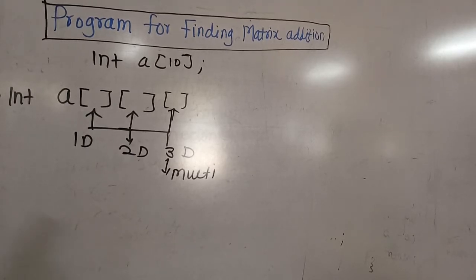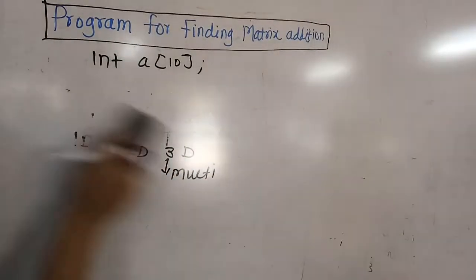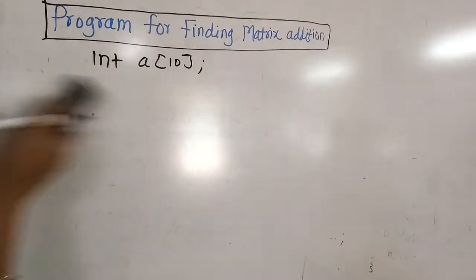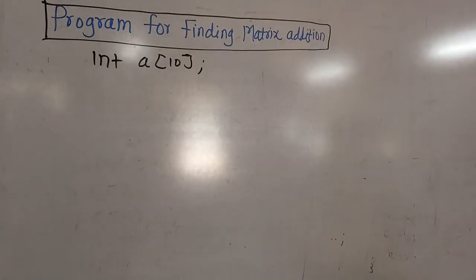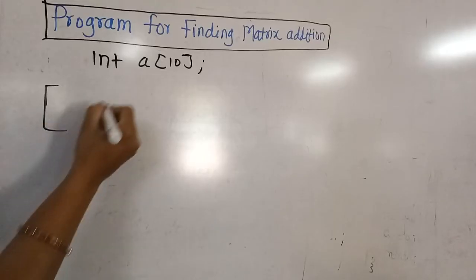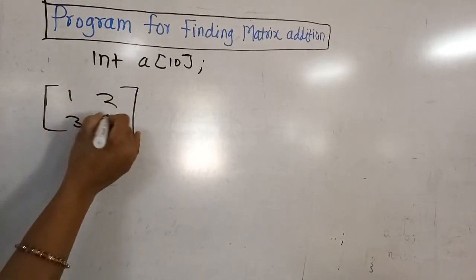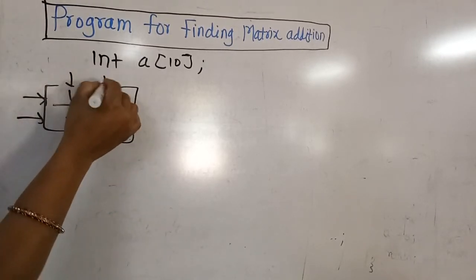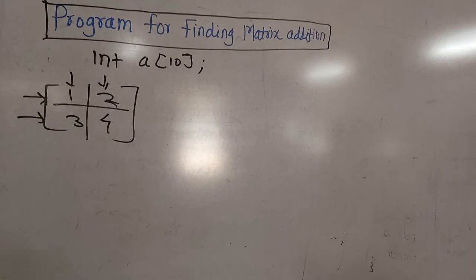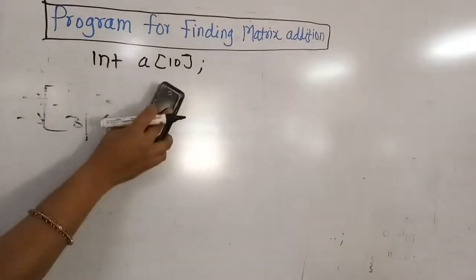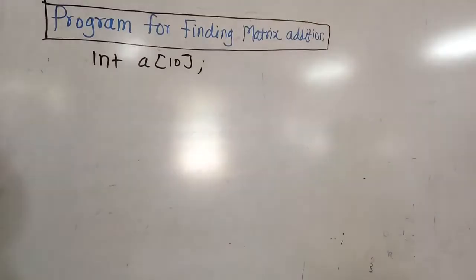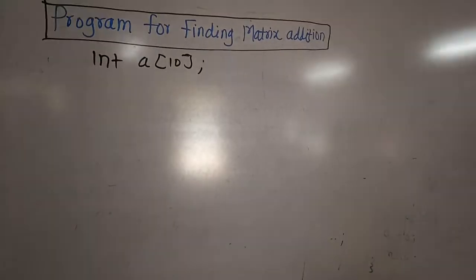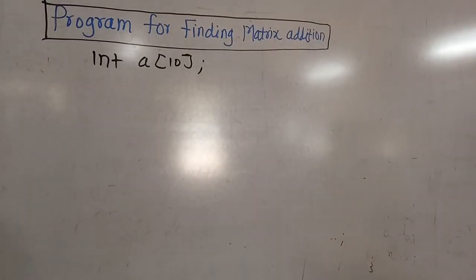A matrix is nothing but rows and columns, more than one. For example, 1, 2, 3, 4. These are the four elements. So it is a two row and two column matrix, meaning it is a 2 by 2 matrix. But generally, in any programming, we only deal with the 3 by 3 matrix.